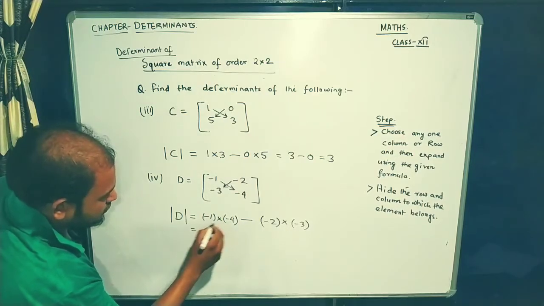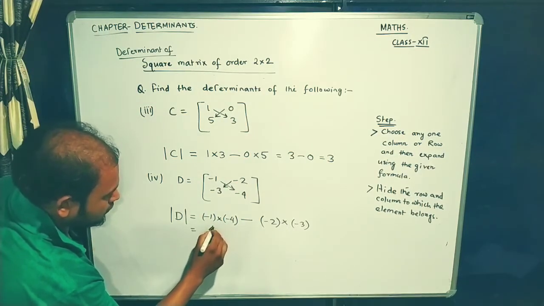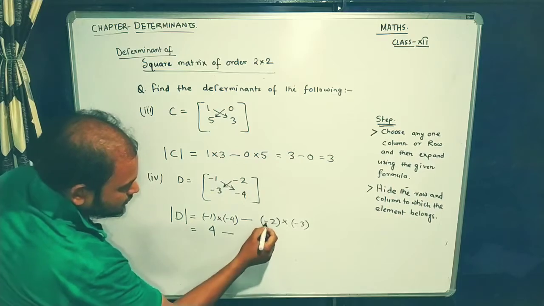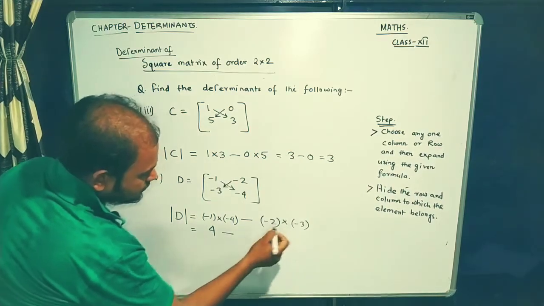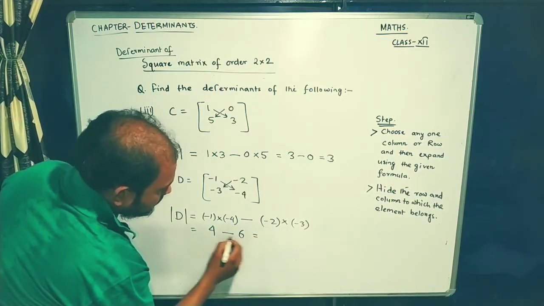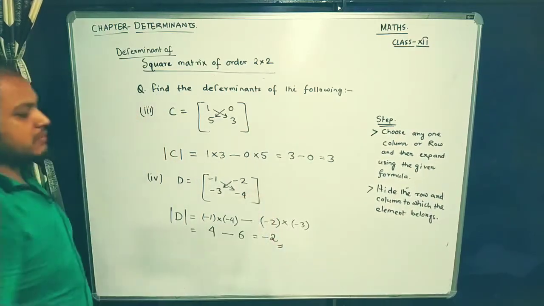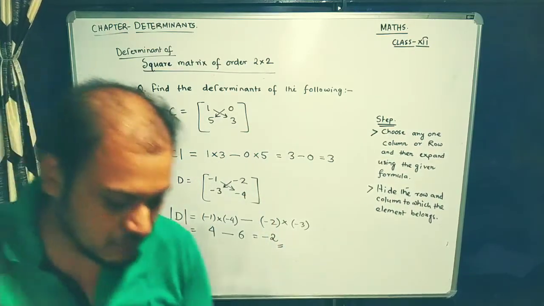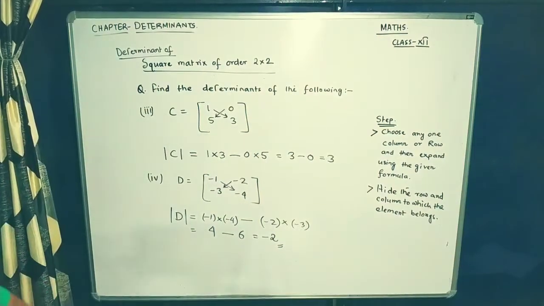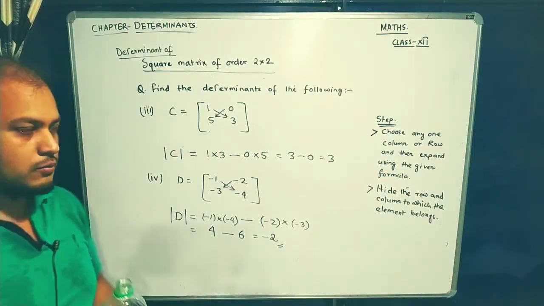So we have minus into minus is plus, 1 into 4 is 4, minus into minus is plus, 3 2s are 6. 4 minus 6 is minus 2. So this is the determinant of this matrix. So I think it is clear to you now how to find determinant of a square matrix of order 2 by 2.